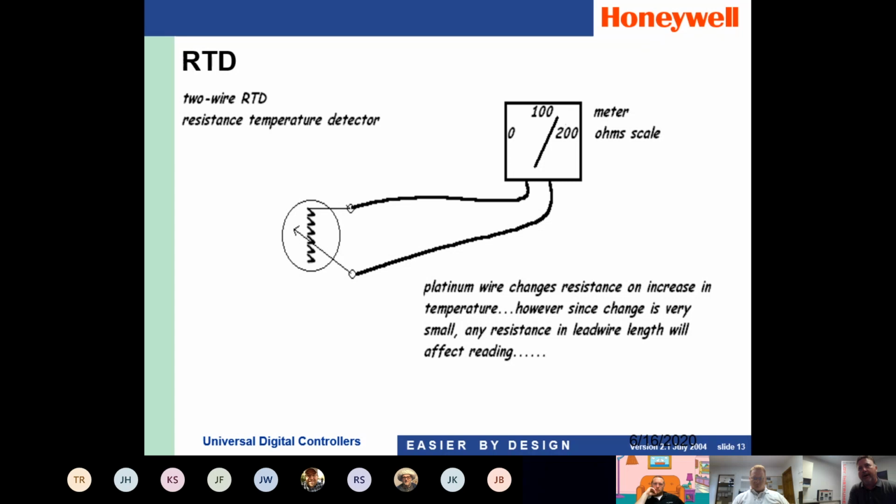For applications where you have long leads, you have to compensate for that lead wire length and the resistance that lead wire length has. So you will have a 3rd wire that goes back to the controller to compensate for that lead length. Most typically, those wires are 2 red and 1 white, with a positive and negative, and then a compensator for the long leads.